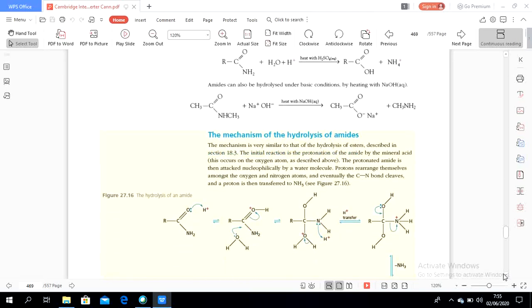Okay, the mechanism is similar to the hydrolysis of an ester, as I told you. So in here, the carbon is double bonded with oxygen, and the oxygen has a lone pair. The lone pair is donated to the hydrogen ion.